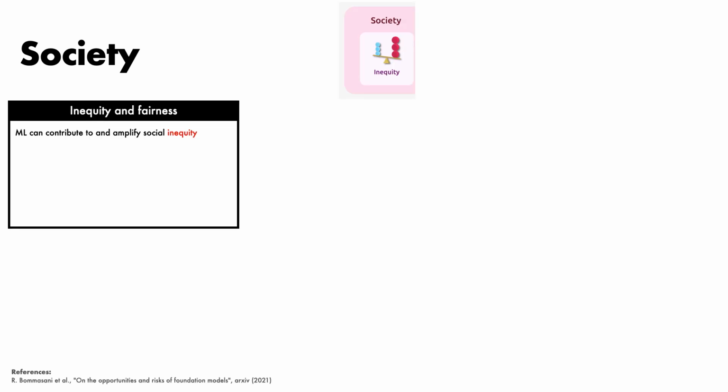First, a number of studies have demonstrated that machine learning has the potential to contribute to and amplify social inequity. For foundation models, which may continue this trend, it can be useful to separate intrinsic biases, which are biases present in the foundation model itself, and extrinsic harms, which are harms that arise in the context of specific applications.